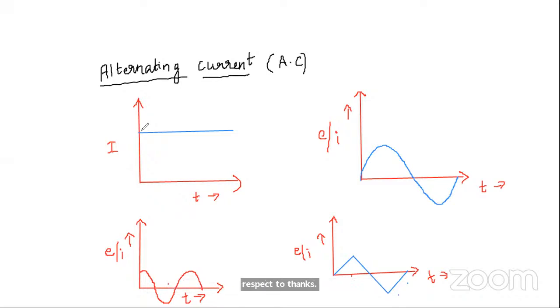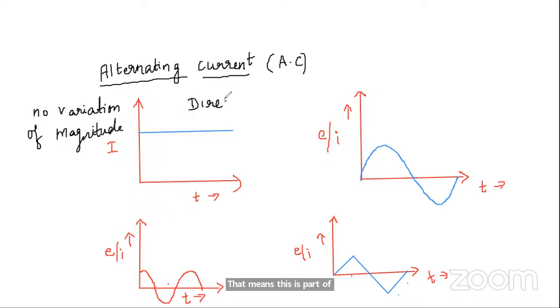There is no variation in the magnitude or direction of current. That means this is called direct current. The first case, no variation of magnitude and direction.